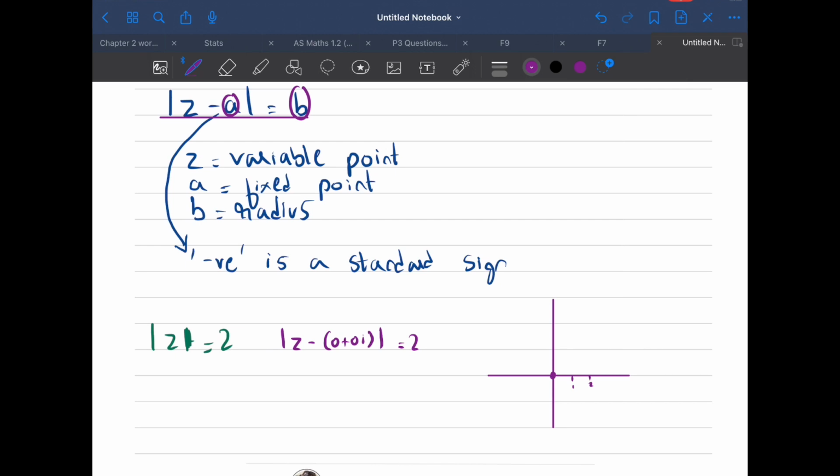Let's draw. So this will be minus 2, this will be plus 2, this will be minus 2. Got this?